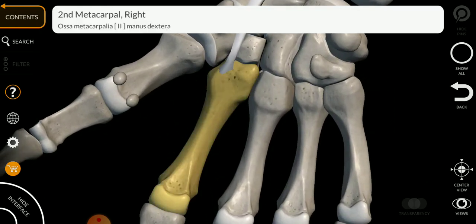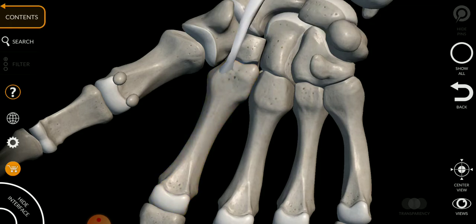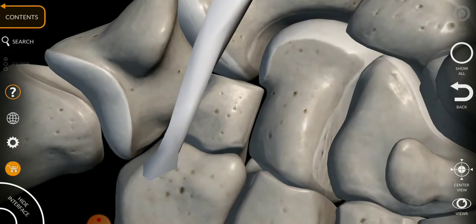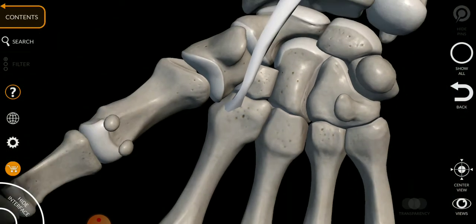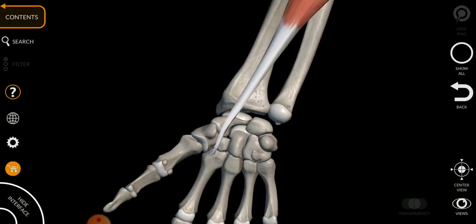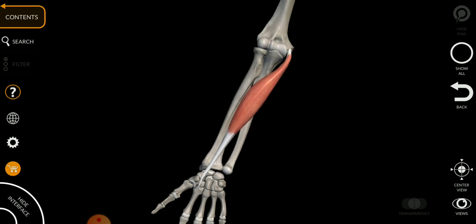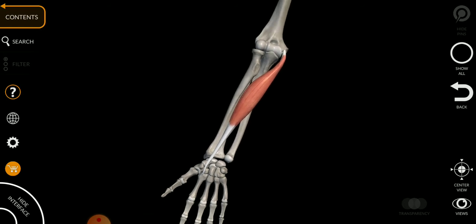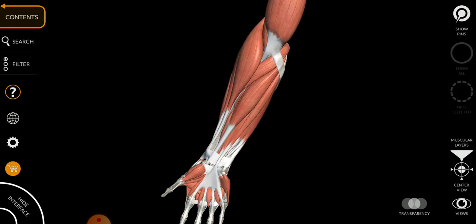This is the second metacarpal, and where they attach is the base. As it is attached to the hand, it helps in the flexion of your hand, and it helps in the abduction of your hand. This is also innervated by C6 and C7.